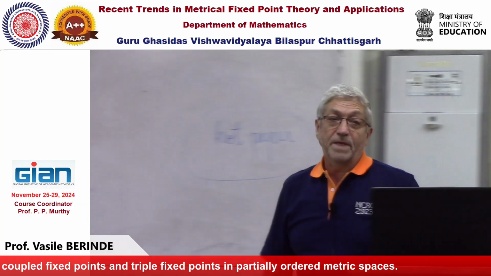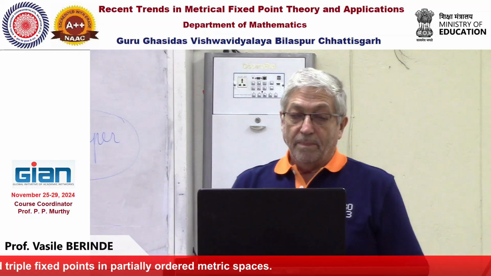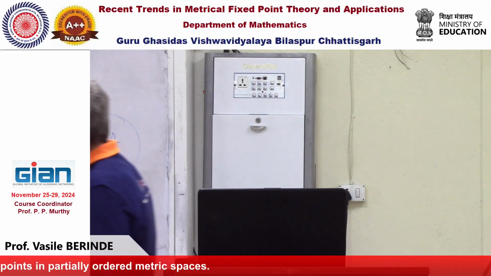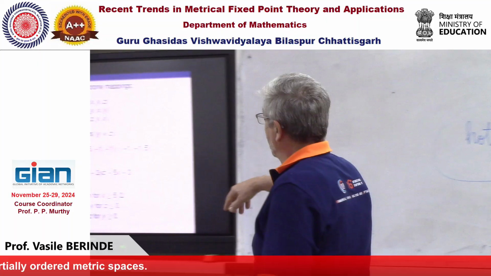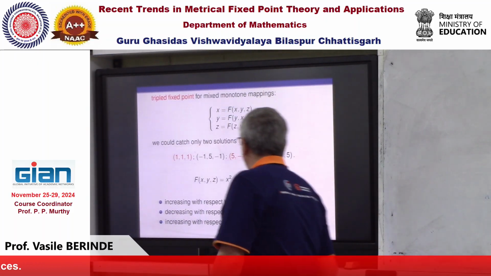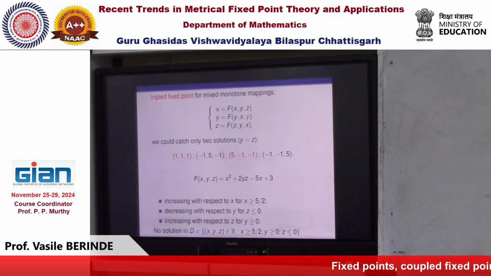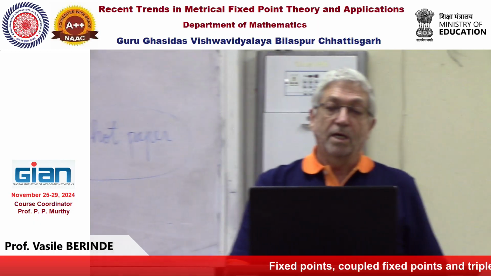These ones were not obtained by using our theorem, and so the problem was that we have this property, increasing with respect to x, decreasing with respect to y, and increasing with respect to z, and working in this way, only these solutions are found.